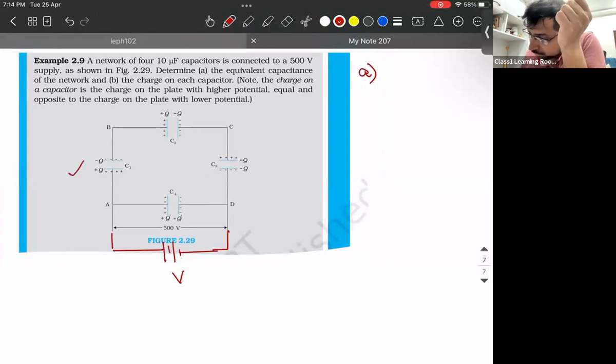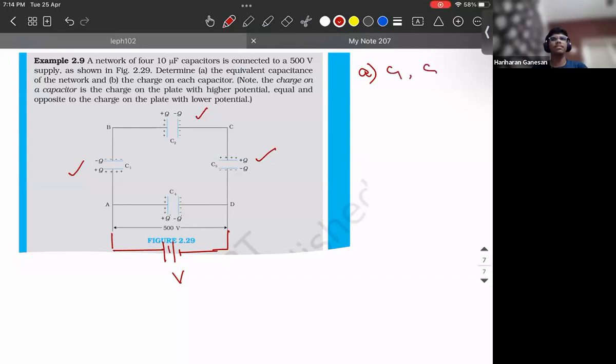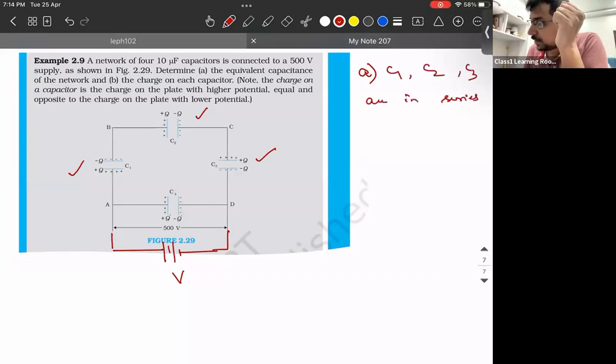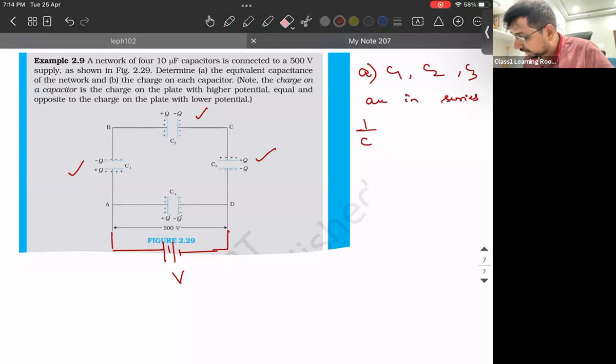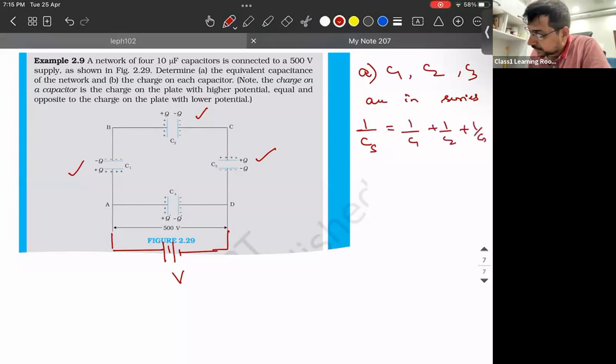So if you see C1, C2, and C3, how are they connected? They are in series, sir. Series, correct. So for series, what are we supposed to do? 1 by C equivalent, I'll write it as 1 by CS. S stands for series, P stands for parallel. 1 by CS, can I write it as 1 by C1 plus 1 by C2 plus 1 by C3? Yes, sir.